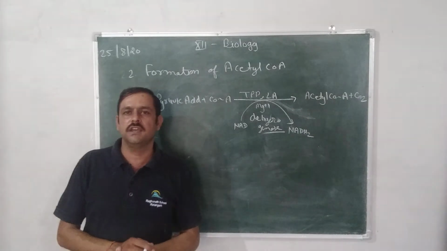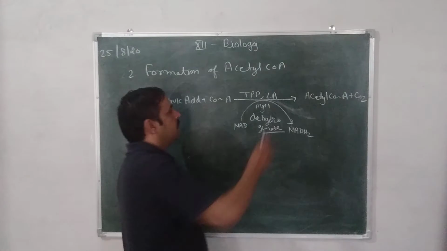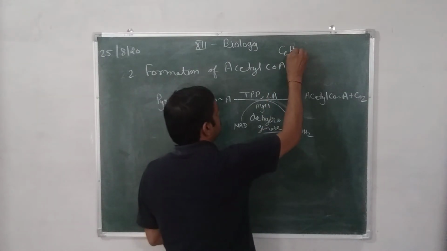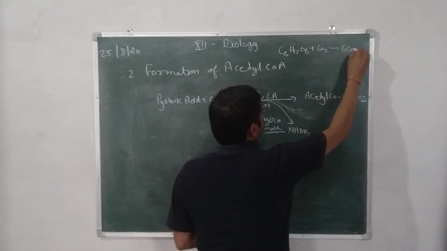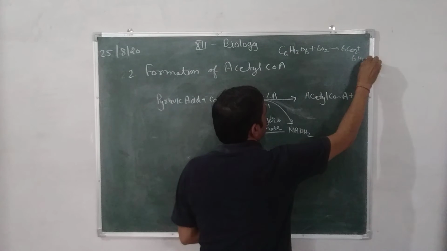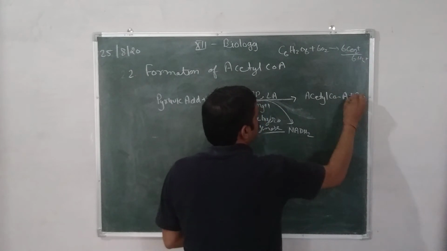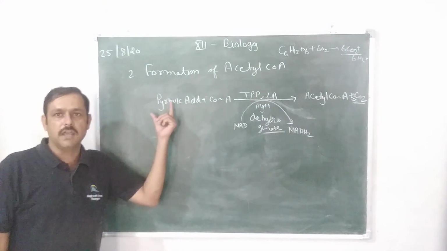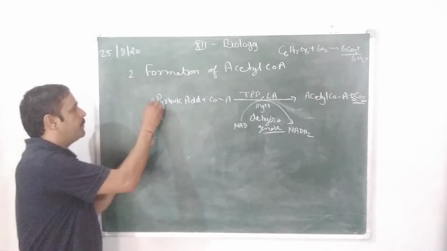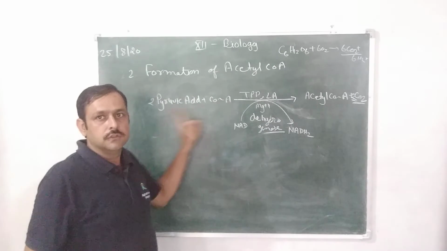We see in the reaction of respiration C6H12O6 plus 6O2 is equal to 6CO2 plus 6H2O. So here 2 molecules of CO2, because we know that from glycolysis 2 molecules of pyruvic acid are formed.